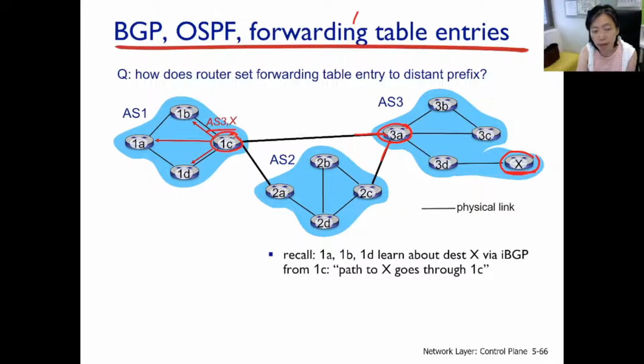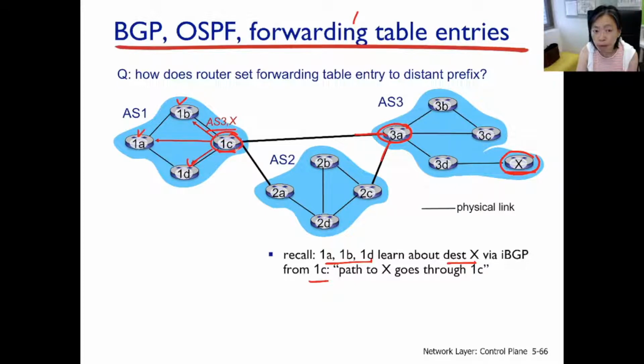And this shorter path is further propagated internally to all routers. So 1A, 1B, and 1D will learn about the shortest path to destination X from 1C. And what 1A, 1B, and 1D will do is, if I ever receive any packets with destination X, I will forward the packet towards 1C.